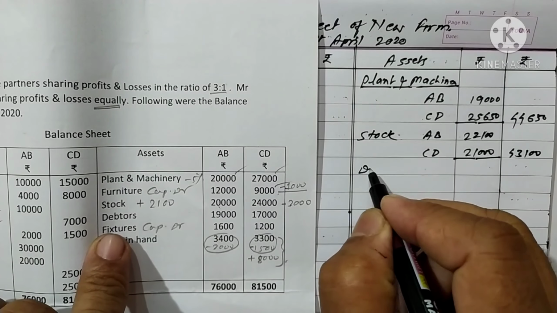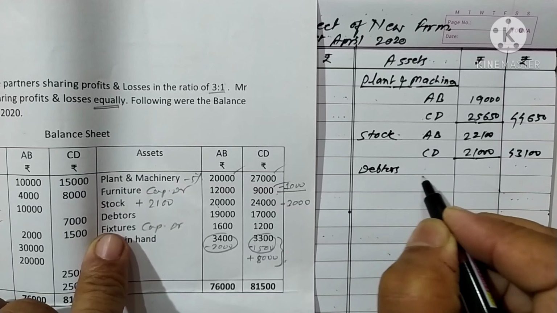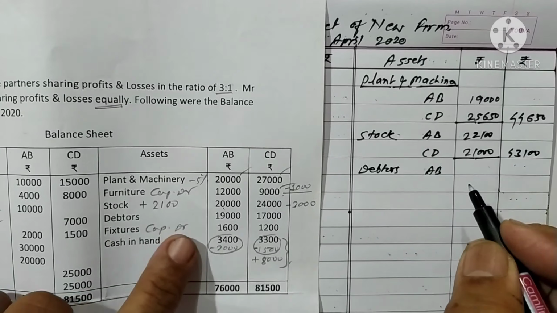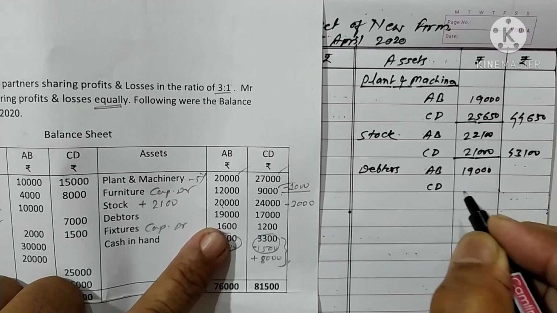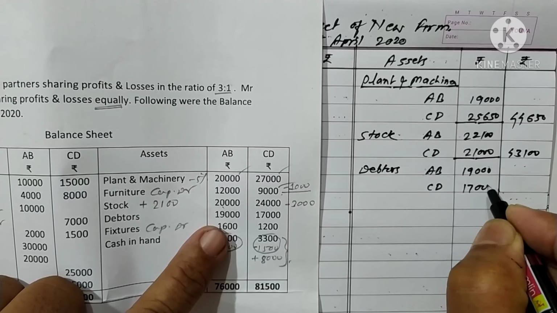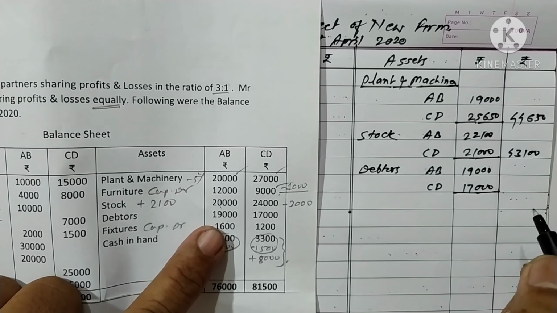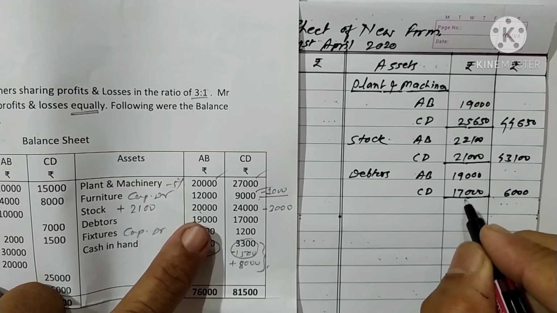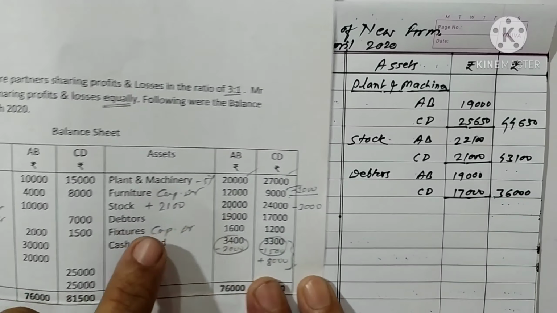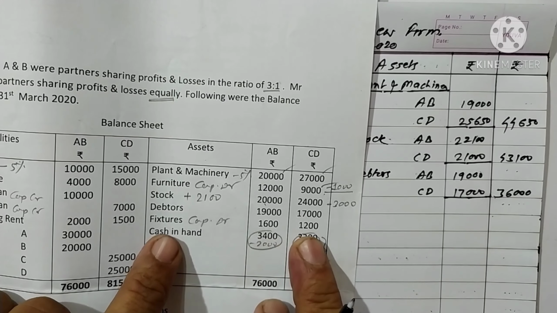Next is debtors. AB firm 19,000, there is no change. CD firm 17,000 and totals 36,000.